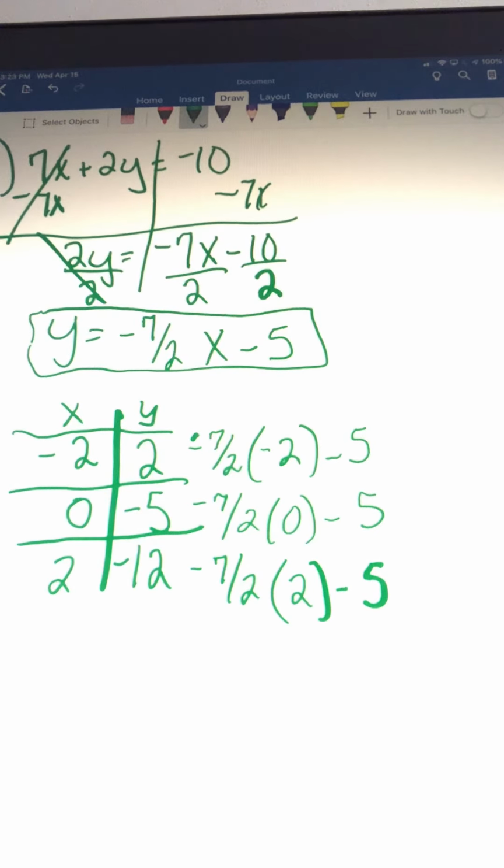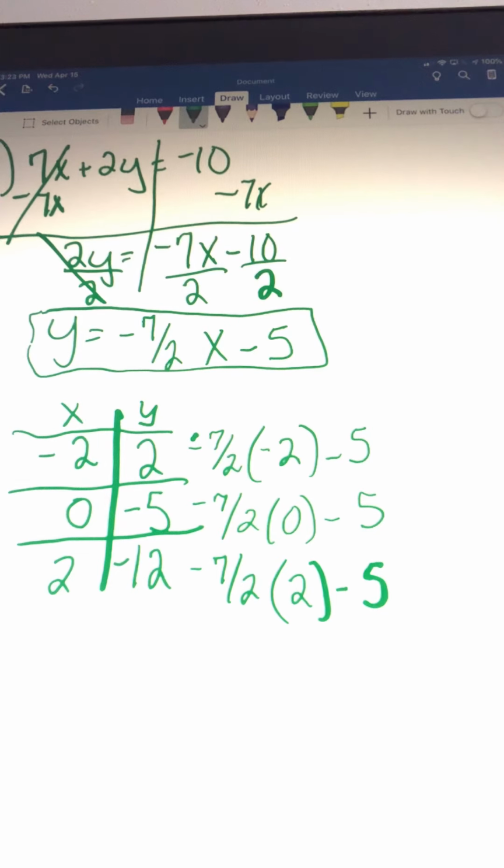And those are your values. You have x is negative 2, y is 2. Let me erase that so you don't think that's part of the answer. Okay. x is 0, y is negative 5, and then we have x is 2, y is negative 12.